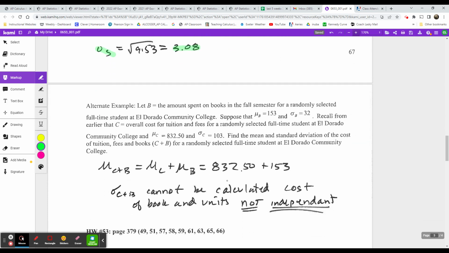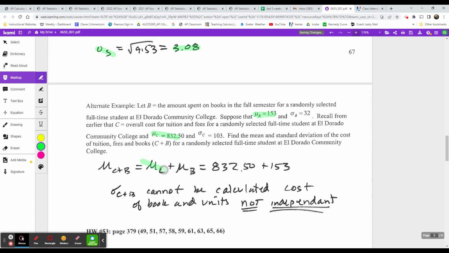On this one, we're looking at another example. Again, they give us a little bit of information. We know that the community colleges have $832.5, and we have an overall cost, which is that piece plus the cost of books, and the cost of books is 153.